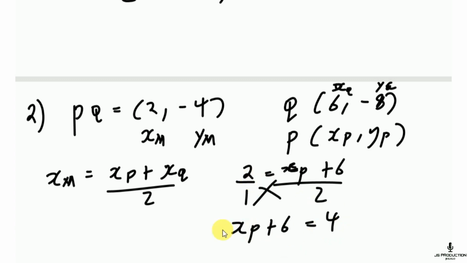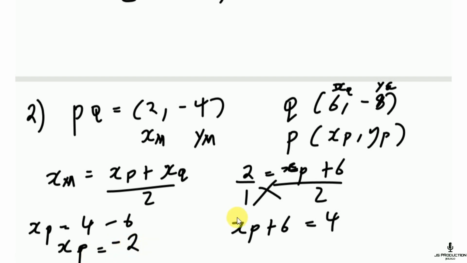So we can collect the like terms. xp is equal to 4, and when 6 goes to the other side of the equation it becomes negative 6. So xp is equal to 4 minus 6, that's negative 2. So the x coordinate for p is negative 2.